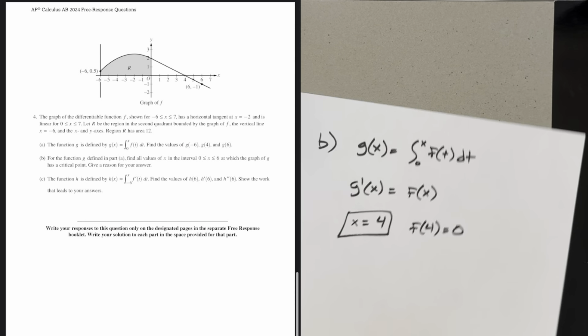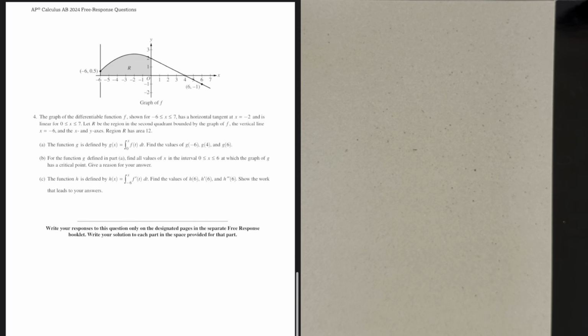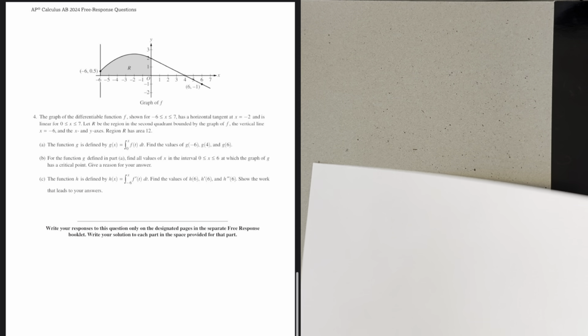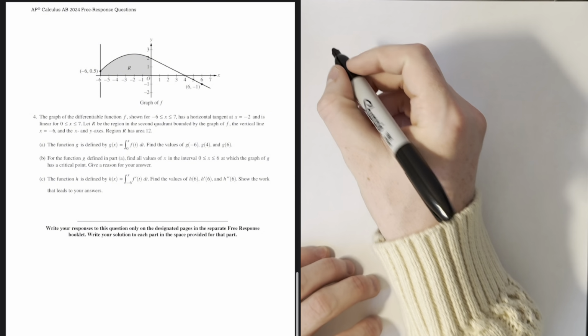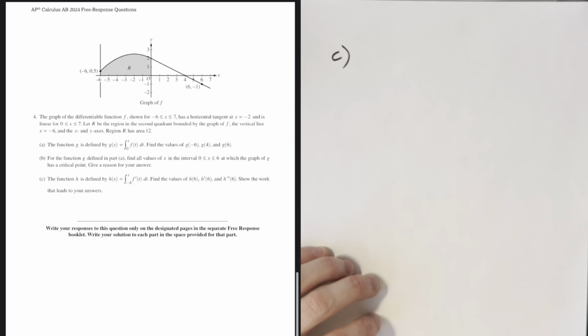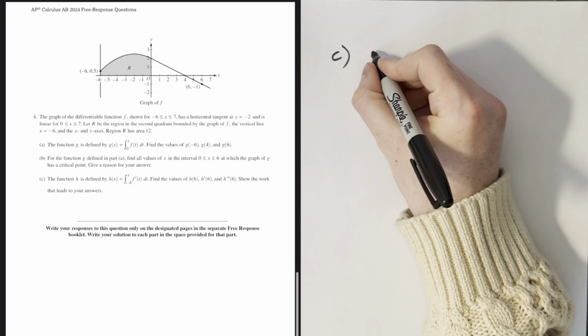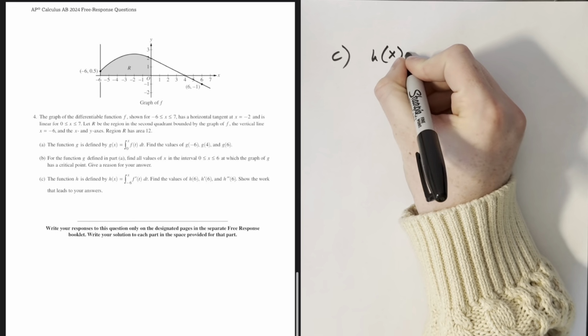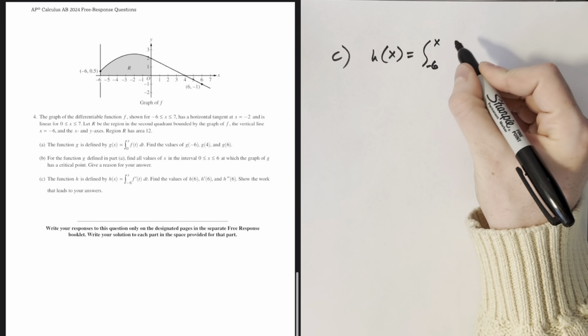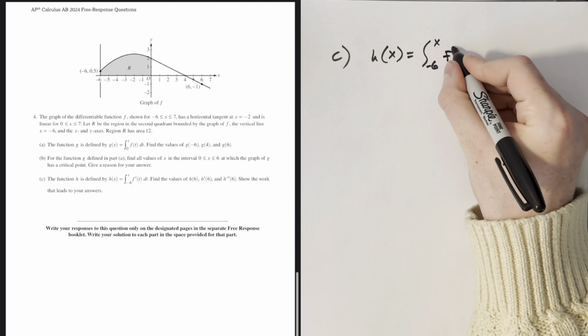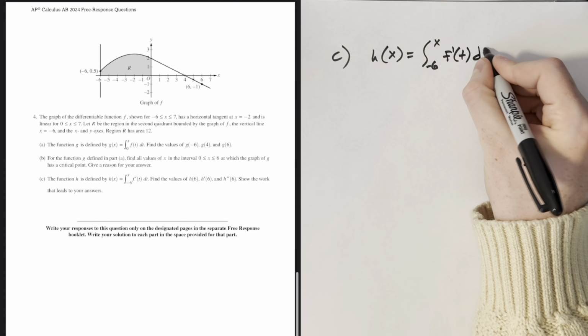And finally, we are looking to part C. For part C, I'm fully anticipating a really difficult question because it's worth 4 points. Not expecting it to be a layup, but here we go. Part C says the function h is defined by h of x is equal to the integral from -6 to x of f prime of t dt.